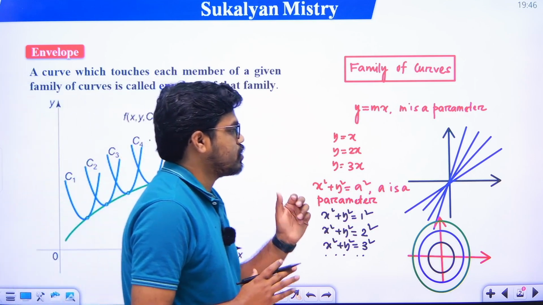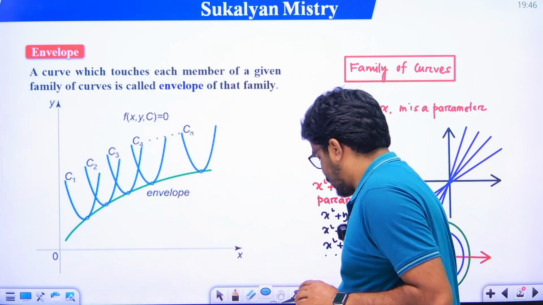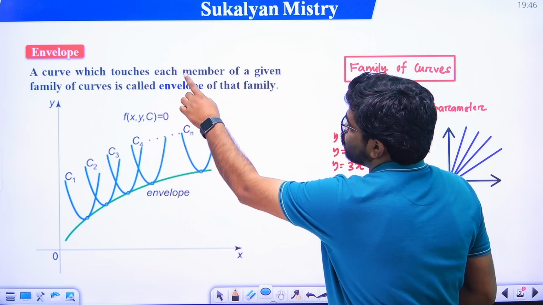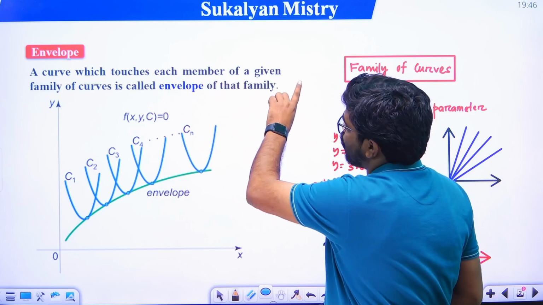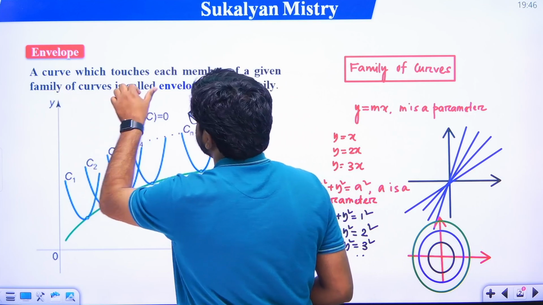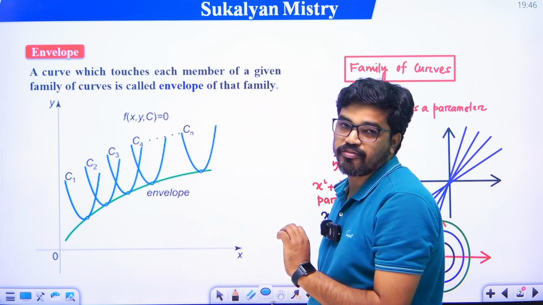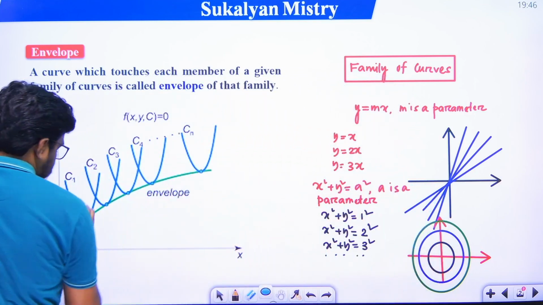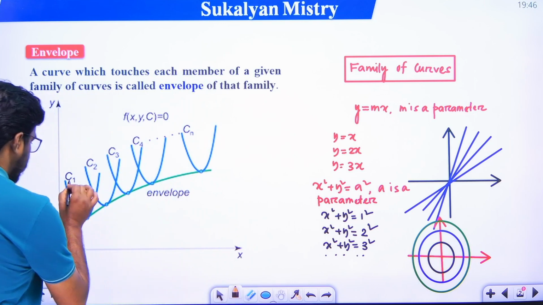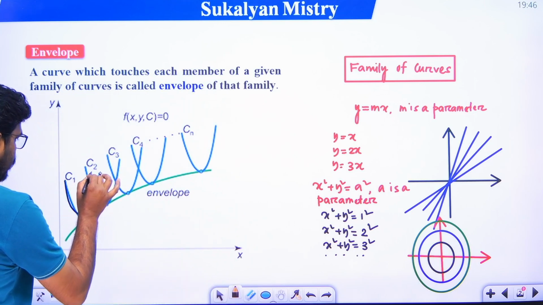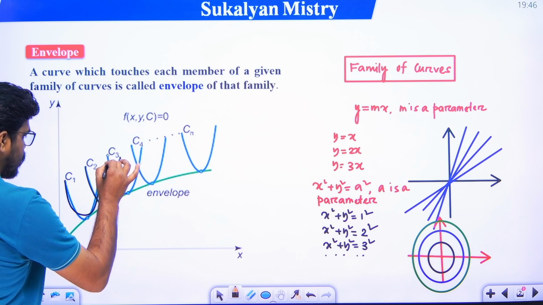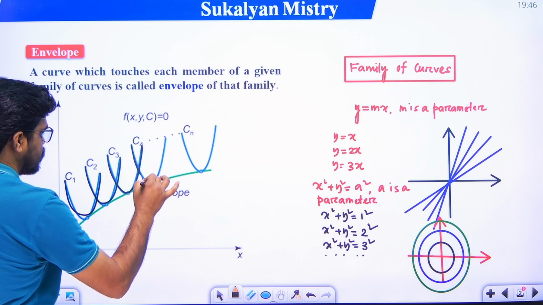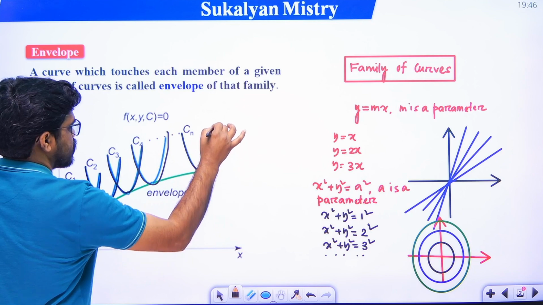Okay, right? So a curve which touch each member of the given family of curves is called the envelope of that family. Suppose we consider this curve, just see, suppose this is the curve C1, this is the curve C2, this is the curve C3, this is the curve C4, this is the curve Cn.